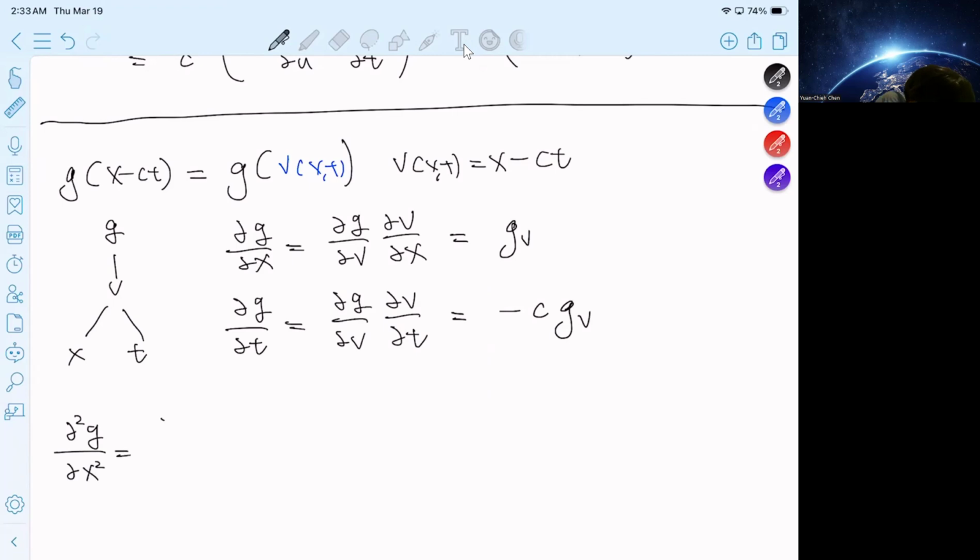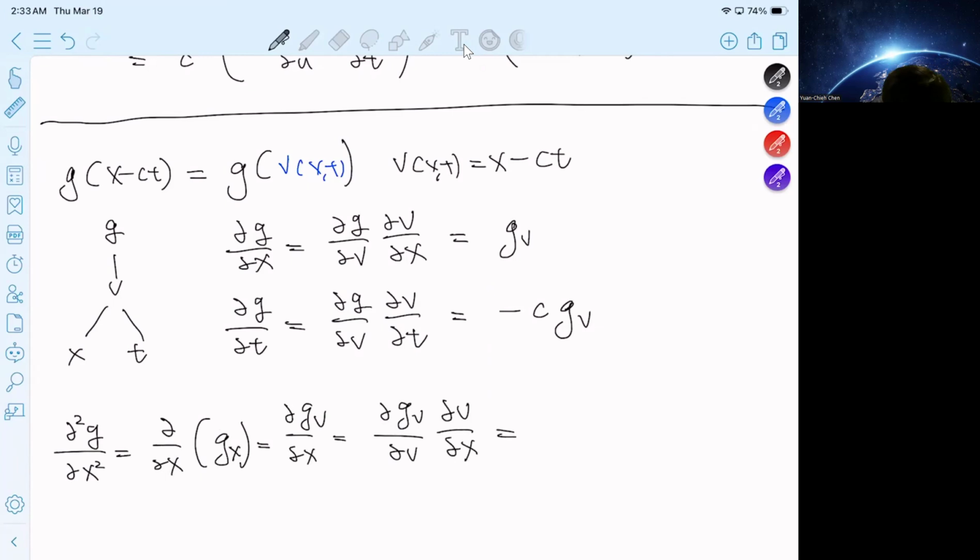This will just be partial x of gx, so partial x of gv. In this case, this will be the same dependence chart. So it will be partial gv, partial v times partial v partial x. So in this case, this is gvv.